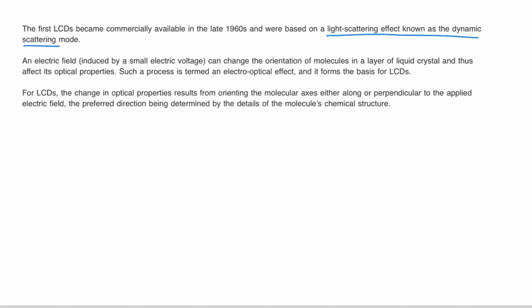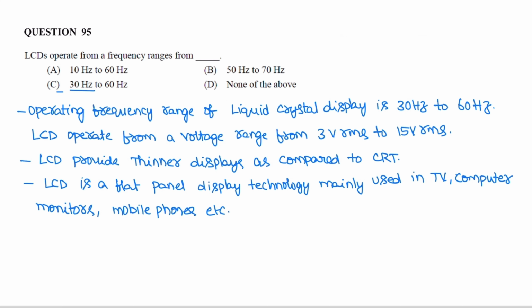Such a process is termed the electro-optical effect and forms a basis for LCDs. For LCD, the change in optical properties results from orienting the molecular axis either along or perpendicular to the applied electric field. This preferred direction is determined by the details of the molecule's chemical structure. So LCD operating frequency range is from 30 to 60 Hz.